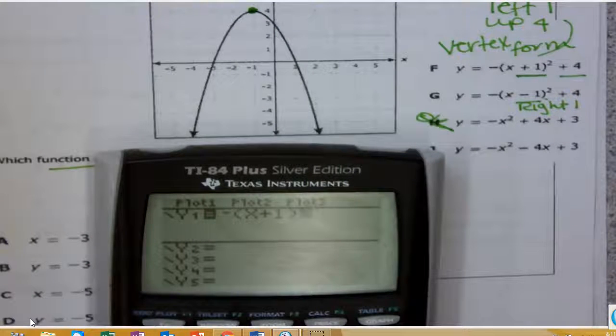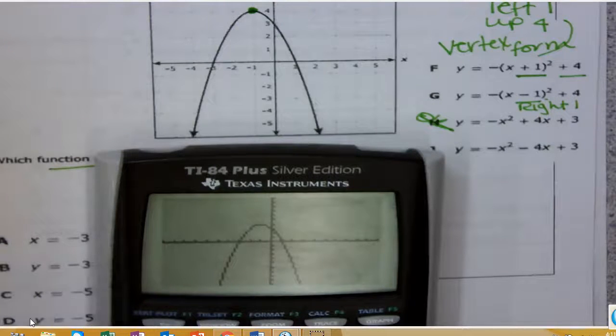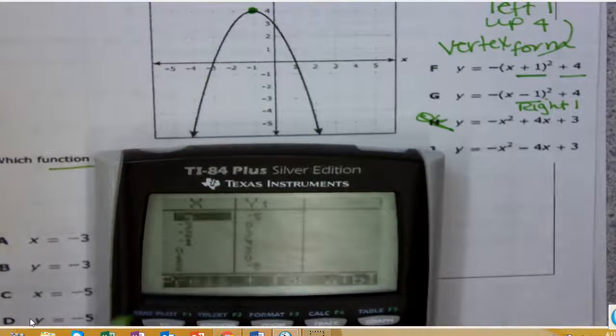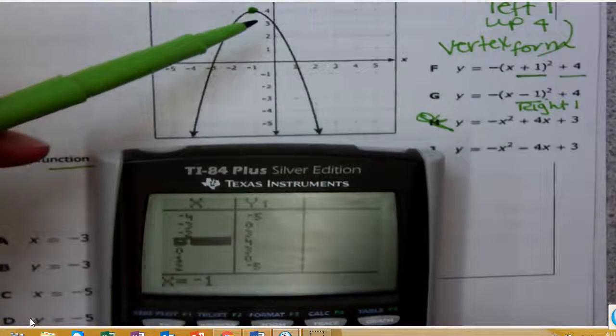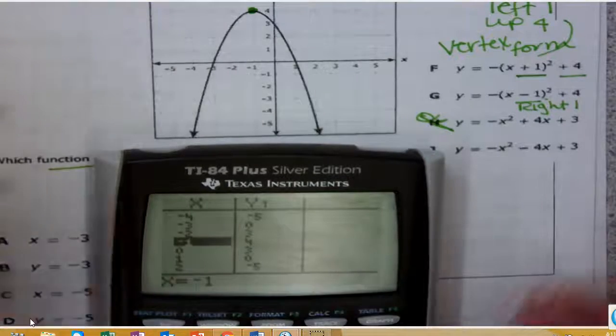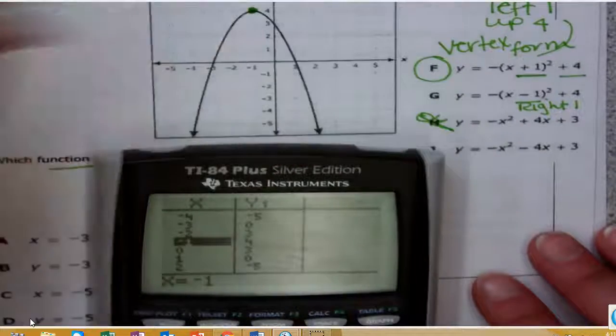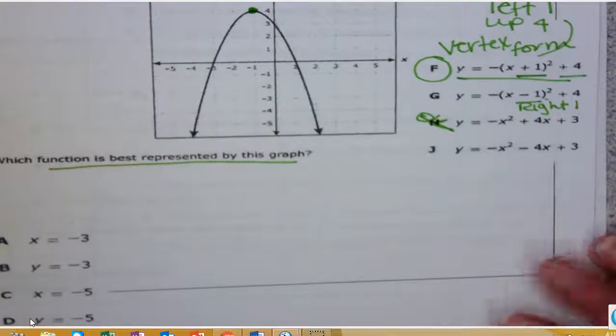So I'm just going to plug this one in my calculator and see if that's accurate. Plus 4. And then I'm going to graph it, and I'm going to look and see. Does that look right? Well, it looks close. So I'm going to go to my table and see, is my vertex actually negative 1, 4, just like it shows in the picture? And yes. So then I'm going to go ahead and pick F. This should be your answer.